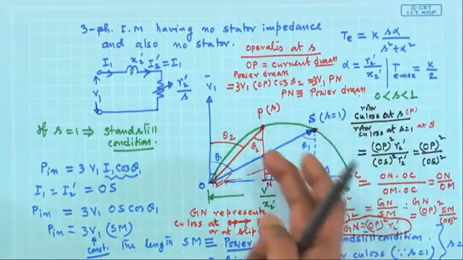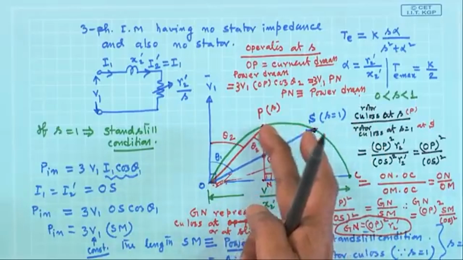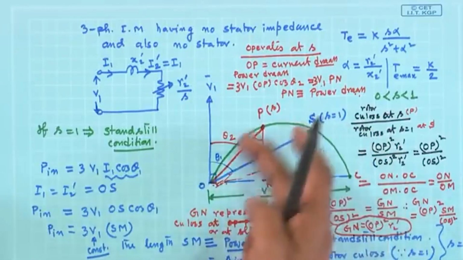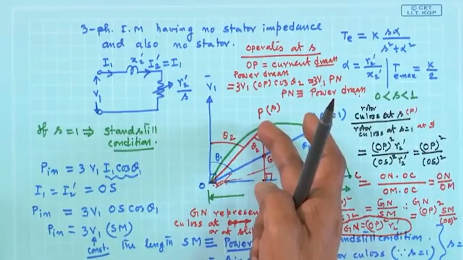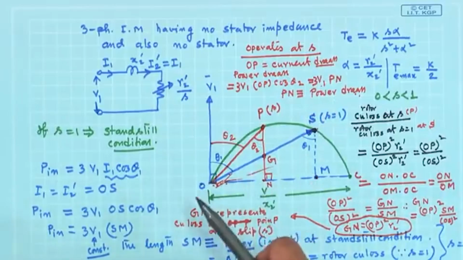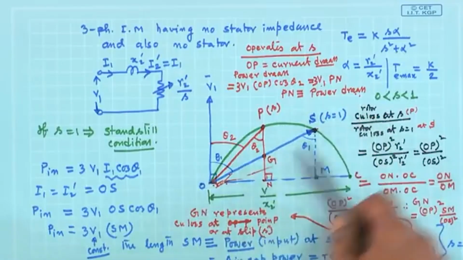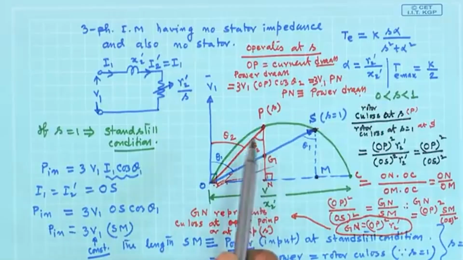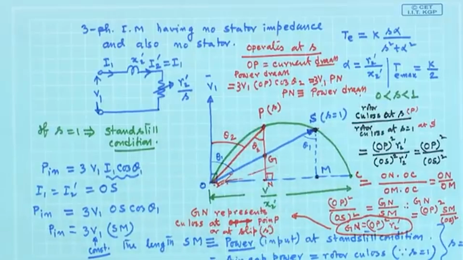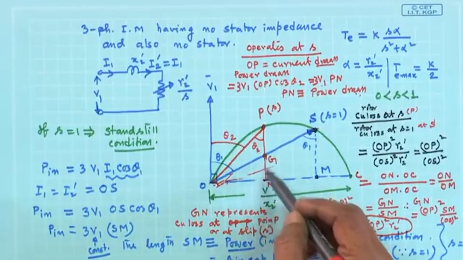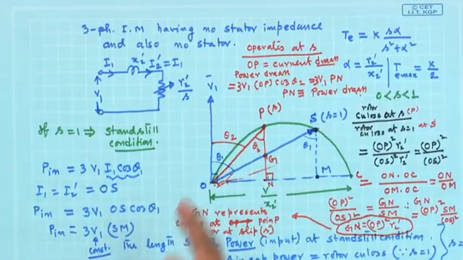Now, when it is really operating at some slip S, the current drawn is OP, that is what I get from the circle diagram. Then from the operating point P, I drop a perpendicular PN. It cuts this slip equal to 1 line at point G. Then I find that when the machine is operating with some slip S, GN is nothing but the copper loss at that slip in the rotor circuit.